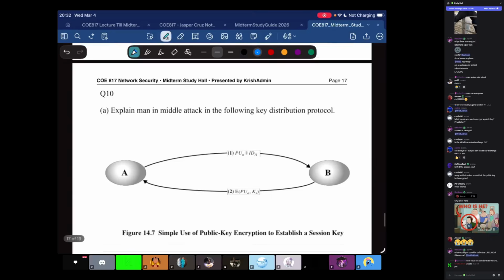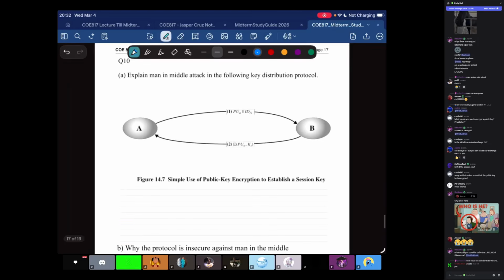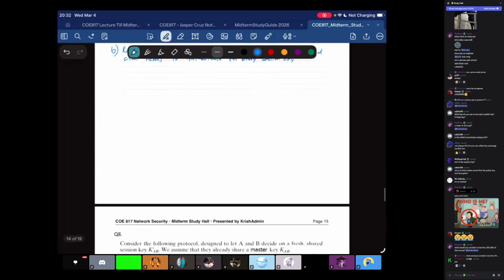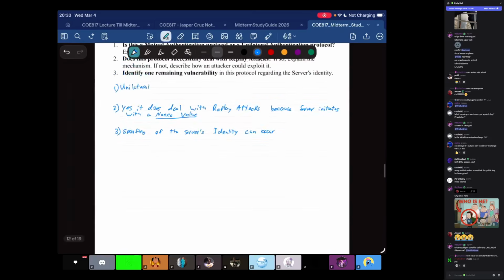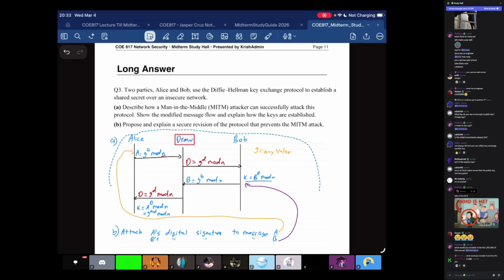Moving on. Question 10. Explain the man-in-the-middle attack in the following key distribution protocol. In this case, we're using the same example that we did above for one of the questions where we had a man in the middle.